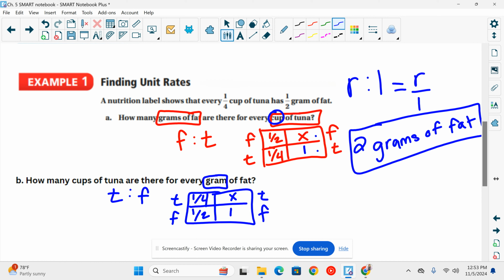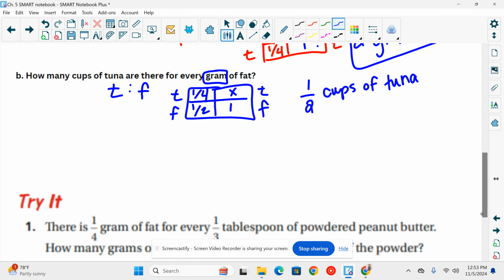So when I cross multiply and divide, there's 1/2 cup of tuna for every gram of fat. Are we okay so far? It's pretty straightforward, pretty easy.